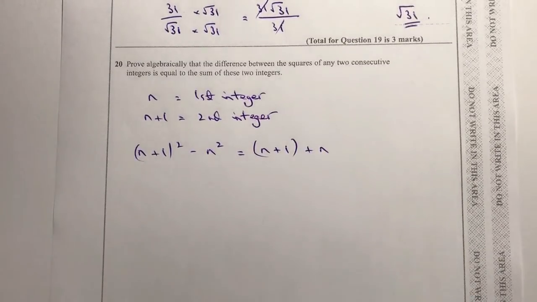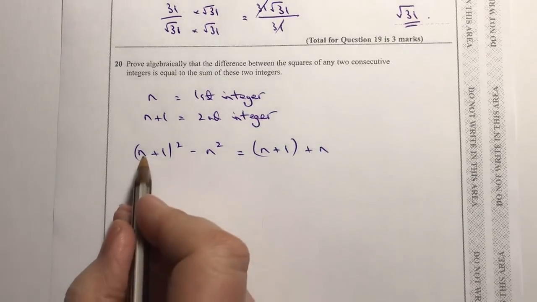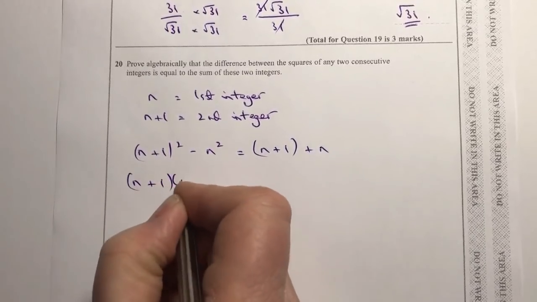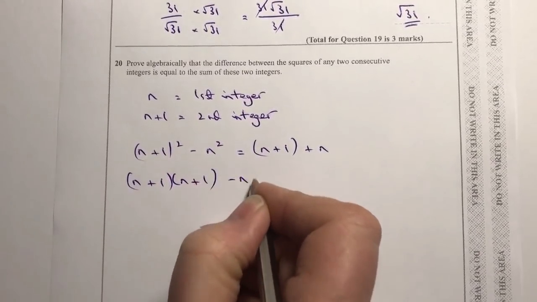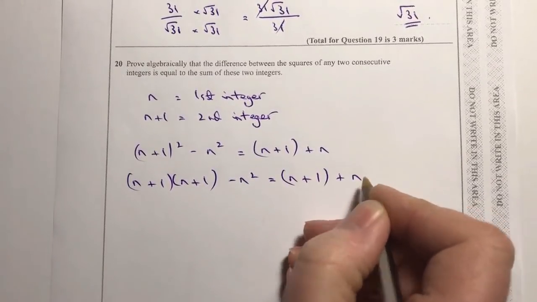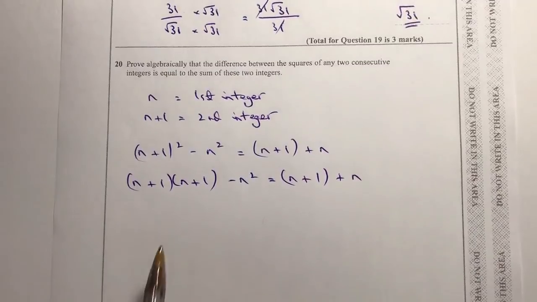Now it's a case of just multiplying this out and working it through so you get the same on both sides. And it actually will work out okay for you. So I've got n plus 1 squared. Well, that's going to be n plus 1 times n plus 1, minus n squared, equals n plus 1 plus n. So let's have a look at that one.